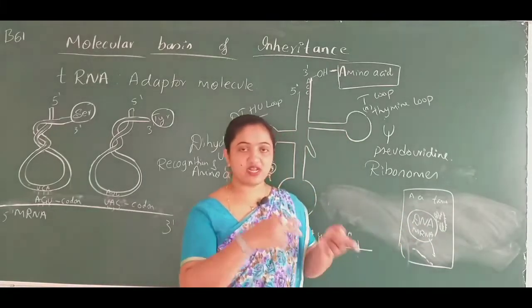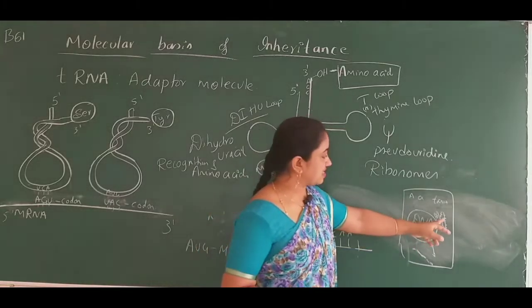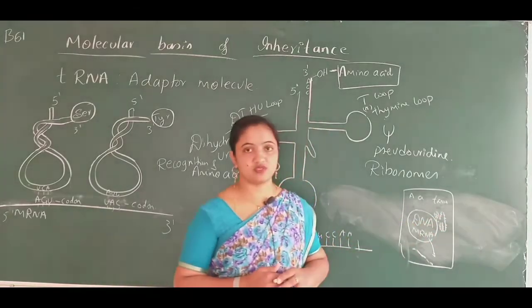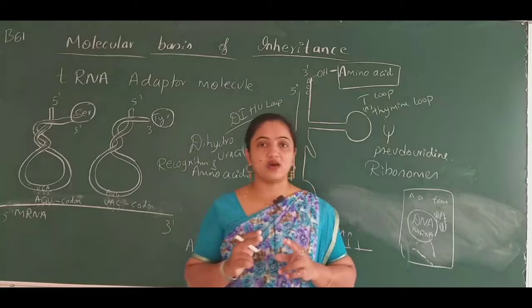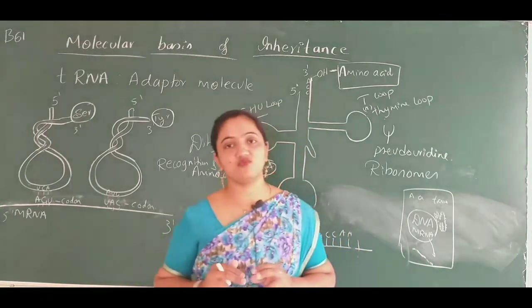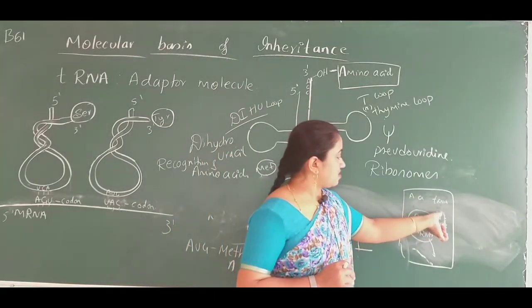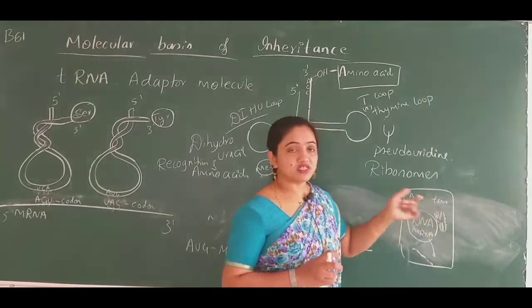The ribosomes are of two subunits, one smaller subunit and one larger subunit.